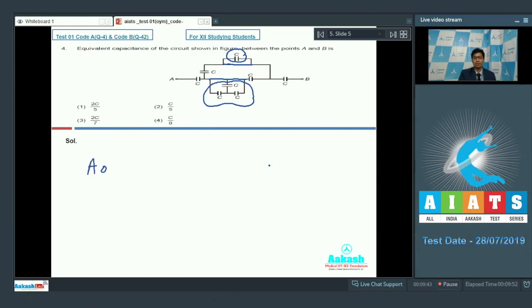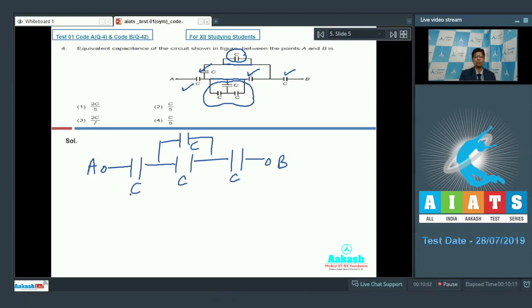We can draw a simplified circuit diagram for this question, which would look like this. This is terminal A, this is terminal B, and there will be a total of 1, 2, 3 and 4 capacitors. The capacitance of each capacitor is given to be equal to C. Now dear students, we can see that these 2 capacitors are in parallel. Therefore the net capacitance of these 2 capacitors will be equal to C plus C, that will be equal to 2C.